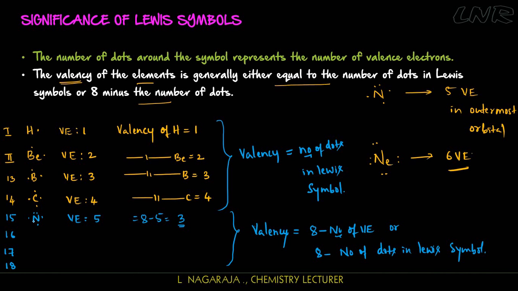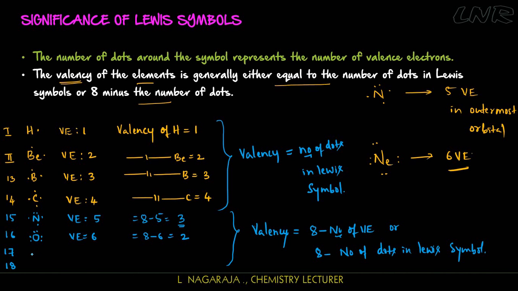And like that, the 16th group elements, that is the oxygen family. So this oxygen family has 2, 4, 6 valence electrons. So the valence electrons of the oxygen family is 6 and the valency is equal to 8 minus 6, that is equal to 2.